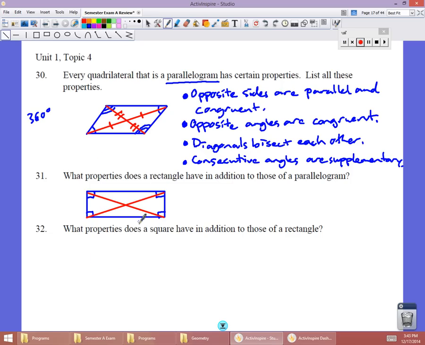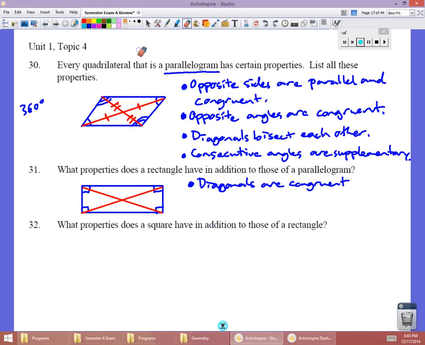Alright, and so the things that we want to add in here: our first bullet point is going to be that the diagonals are congruent.